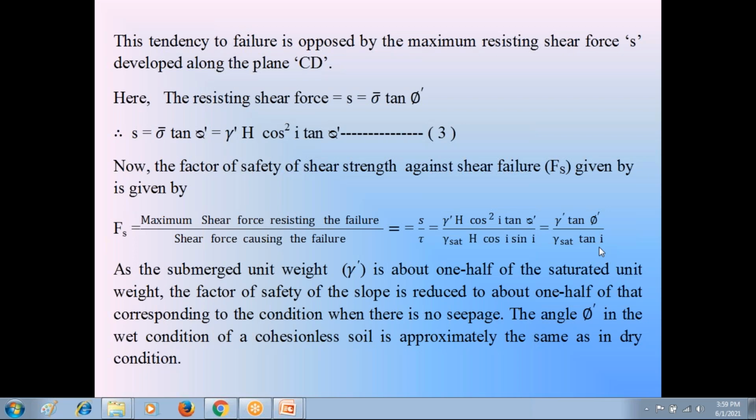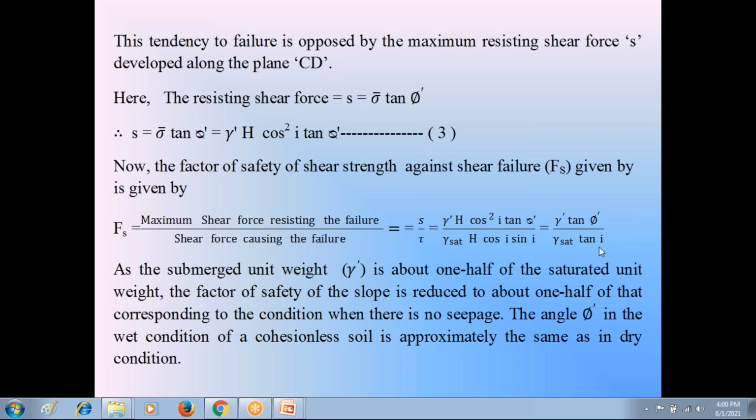So in the summer season, soil slope is having high factor of safety. In the rainy season, due to that seepage flow, the factor of safety of soil slope reduces by half of the summer value.